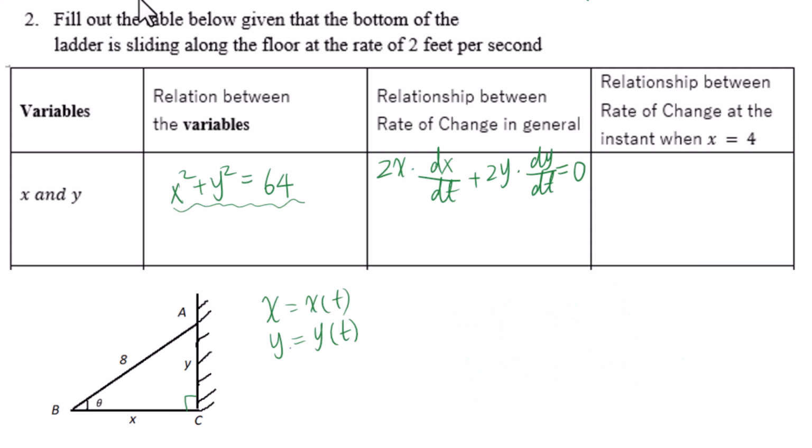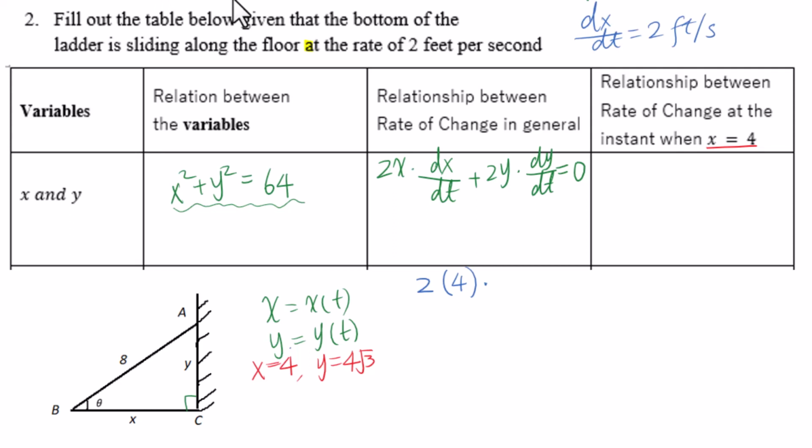Relationship between rates of change at the instant when x equals 4. When x equals 4, we already figured out y equals 4 square root of 3. We will get 2 times 4 times dx by dt.